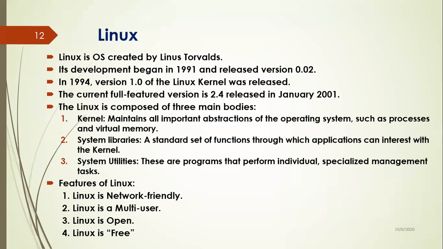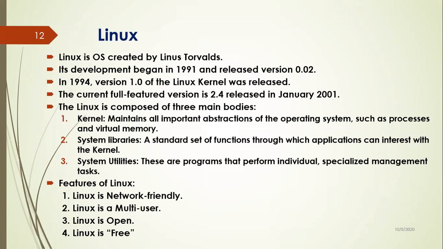Now the features of Linux. First feature, network. Linux is network friendly as compared to Windows. Networking will be easy if you are using the Linux operating system as compared to the Windows operating system. Next, Linux is multi-user. Linux is open source.